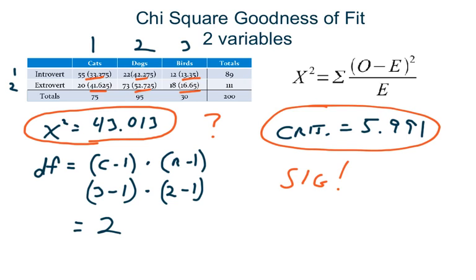So in the last two videos, I've shown you how to apply a chi-square analysis to nominal data. The first video, we used just one variable and looked to see if the pattern of observed frequencies differed from what we would expect by chance.